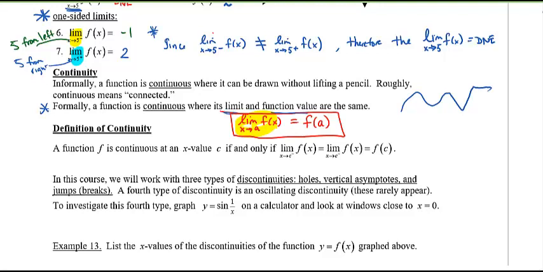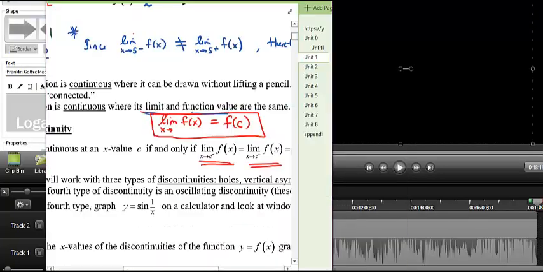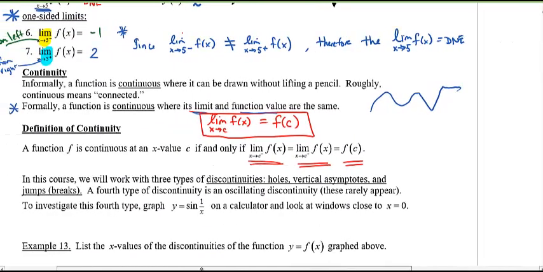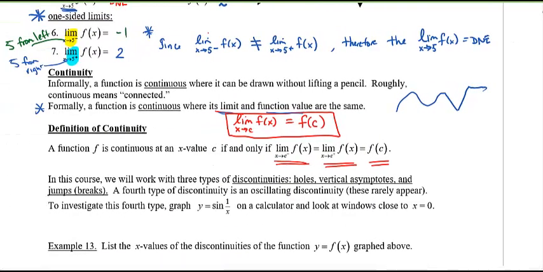And that's why, for the proper definition, the function f is continuous at an x value c if and only if the limit from the left equals the limit from the right, which equals the value of f at c. So if you want to change your notes to make it more coordinated, I guess I should have used c, not a, but c.